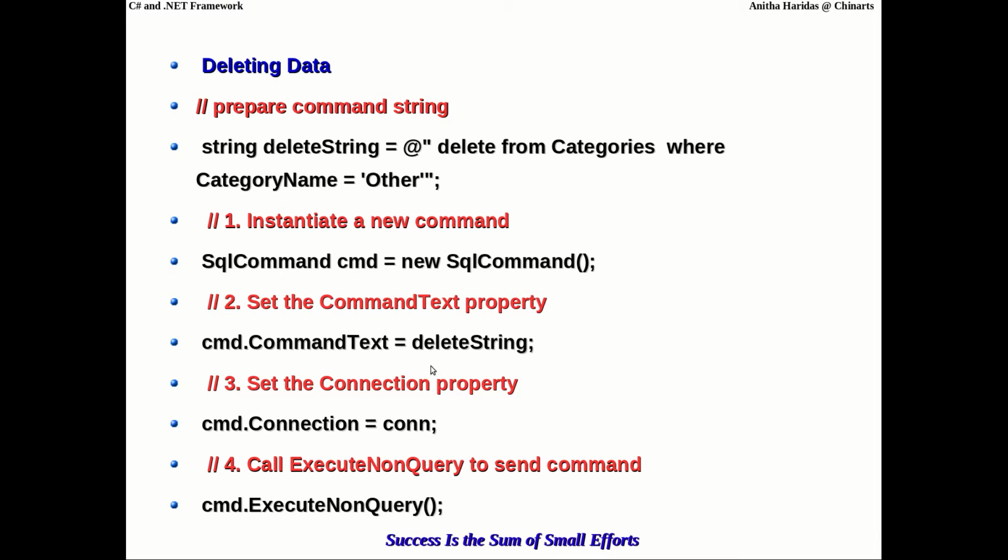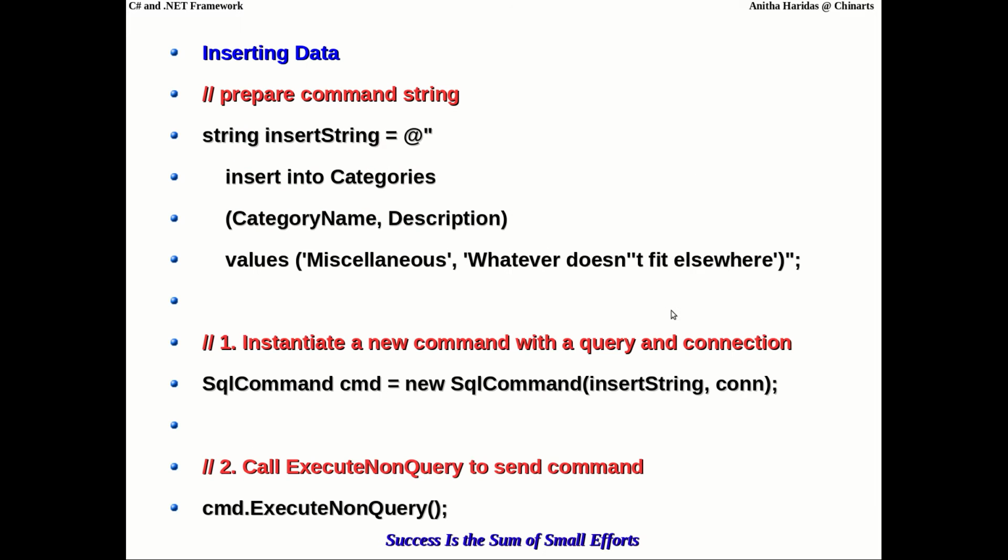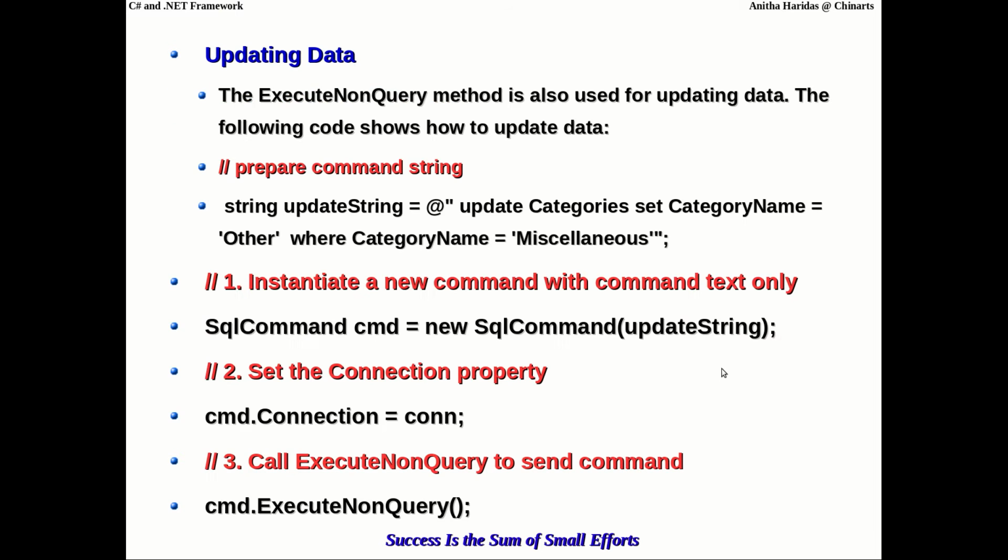So we have seen four different ways. The first way is using the SQL query directly along with the connection object. In the second way, the SQL query string is created as a string object, and the string object and the connection object are passed as arguments.